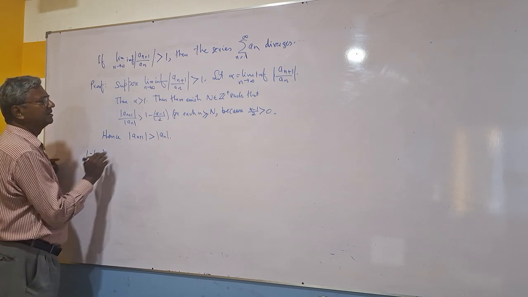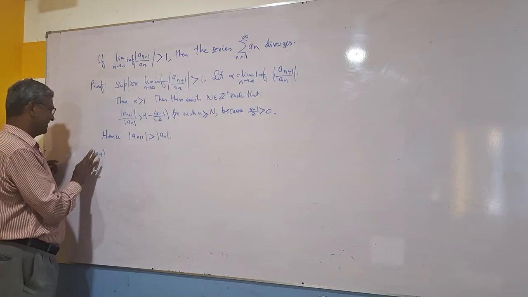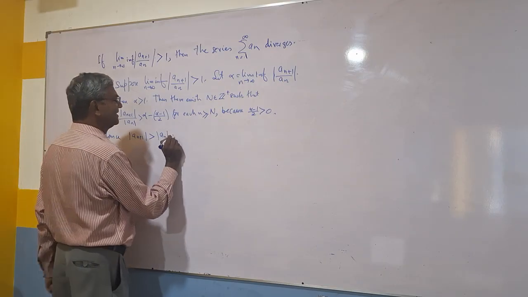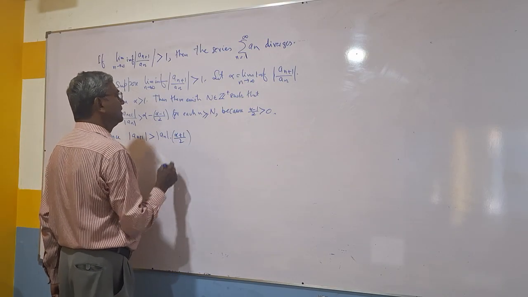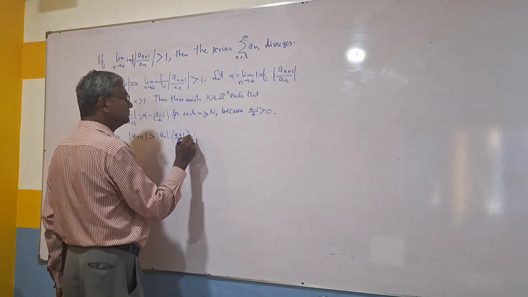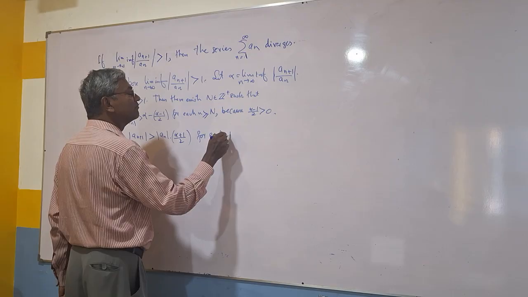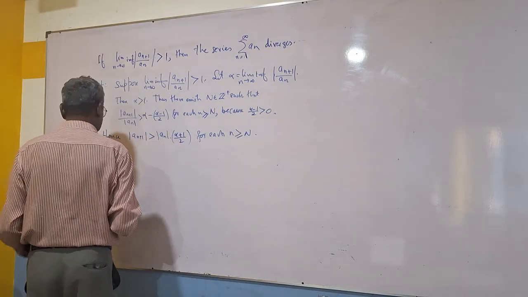Something wrong? This is not alpha... it is alpha plus 1 divided by 2, for each n greater than or equal to capital N.